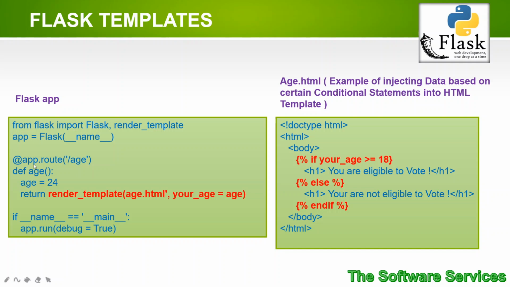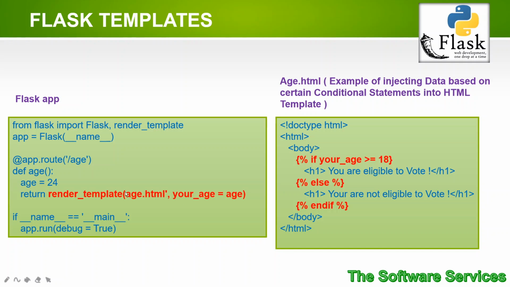Not much different, it's similar, but I had taken some idea. A simple /age URL pattern, and this is the function that is going to execute. I had simply taken age equal to 24. Then I am returning the data into the template age.html, which was created inside the templates folder, right?